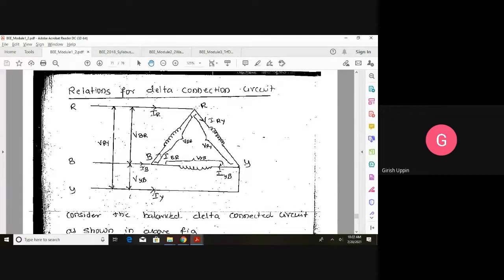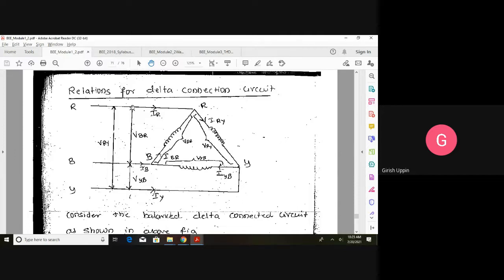Now, if you see from this diagram, if I say line voltage VRY, if I trace it here, this is R and this is Y. So it is nothing but the phase voltage. What we are saying is the line voltage is exactly the same as the phase voltage.